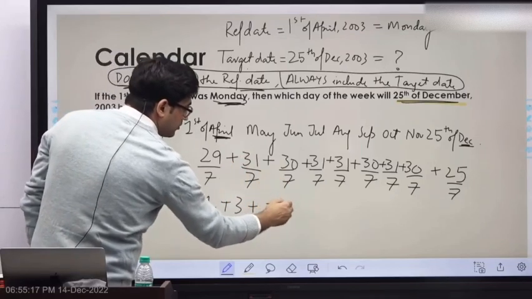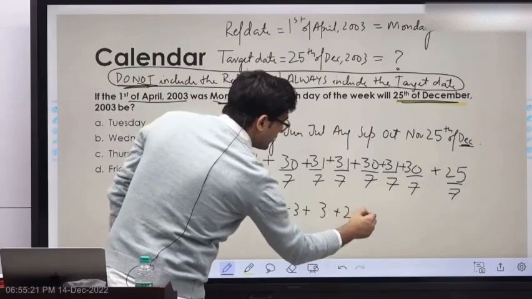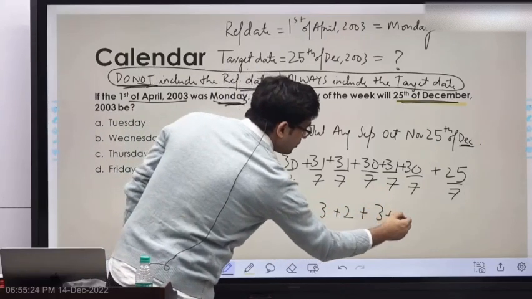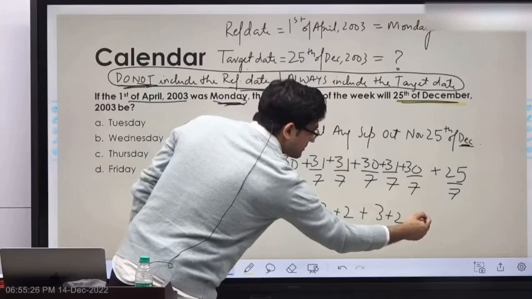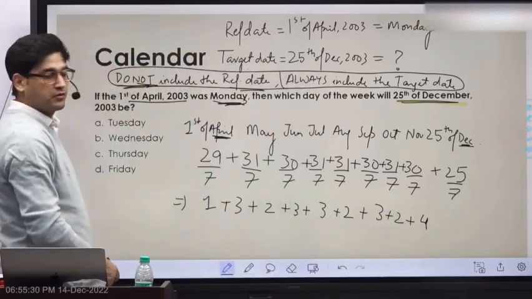Remainder will be 2, then 3, then 3, then 2, then 3, then 2, then 25 divided by 7, remainder will be 4.